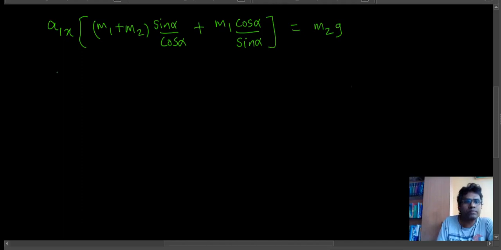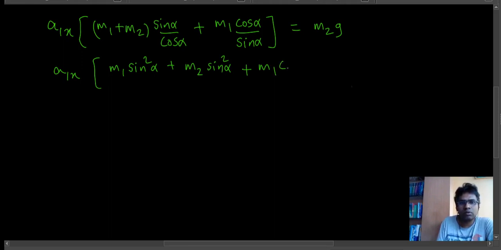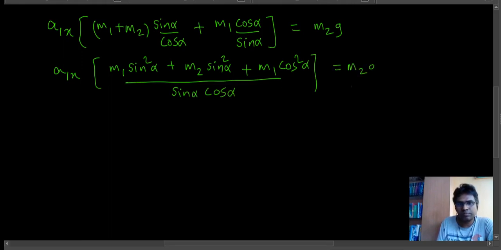If you complete the algebra, we get (m1 sine square alpha plus m2 sine square alpha plus m1 cos square alpha), and in the denominator we have sine alpha into cos alpha, equal to m2g.